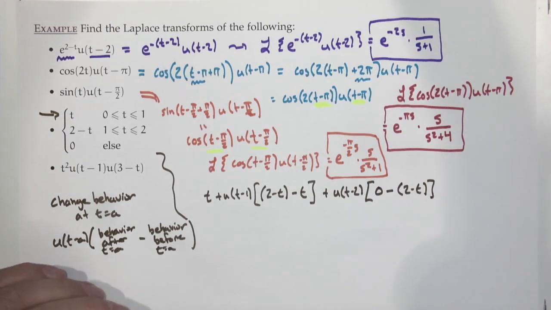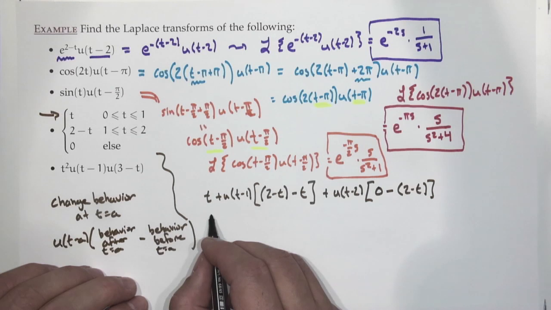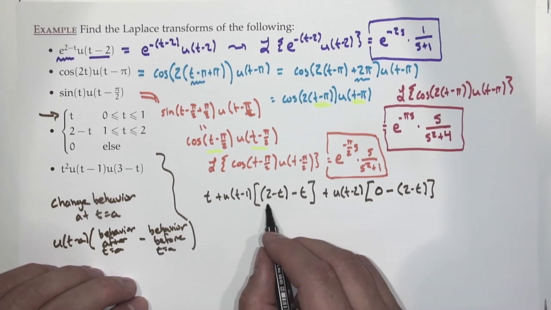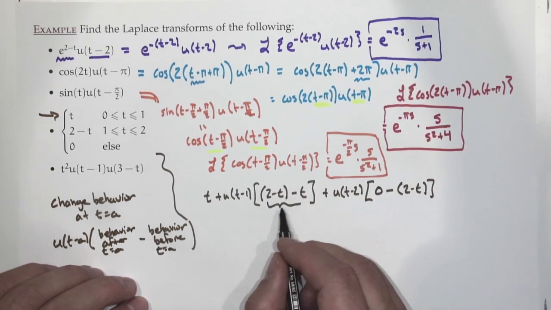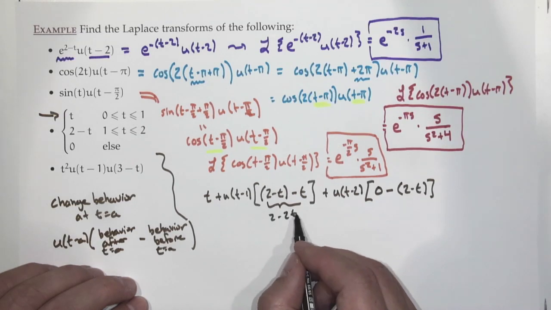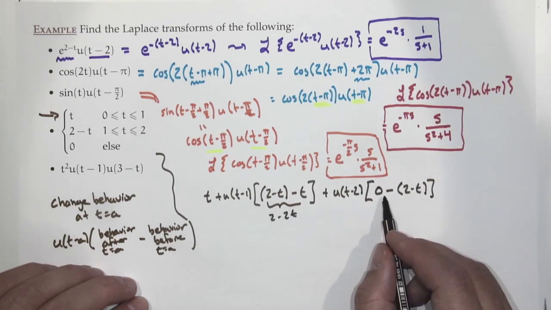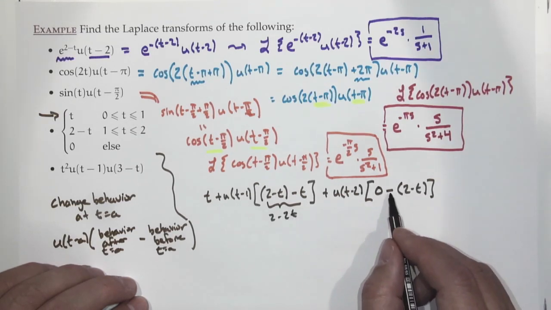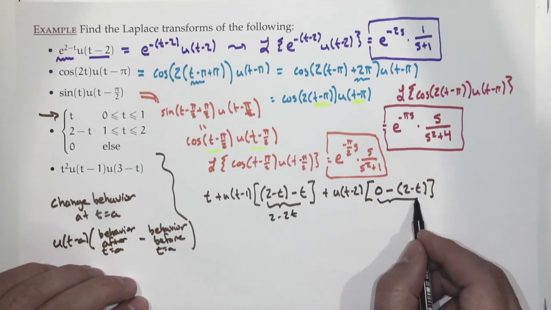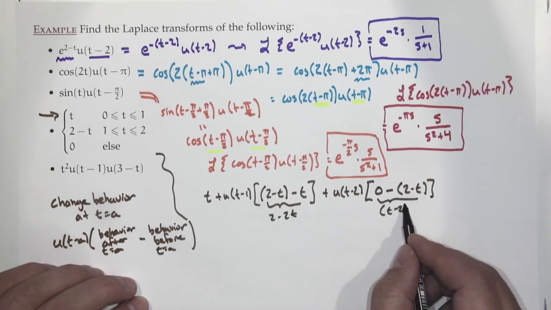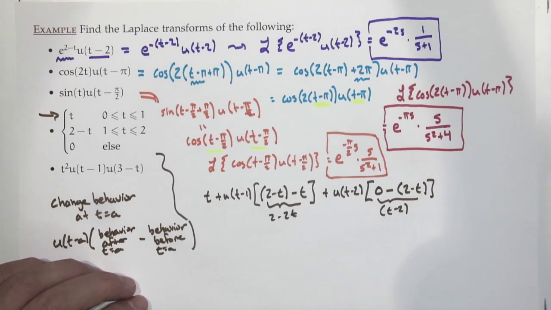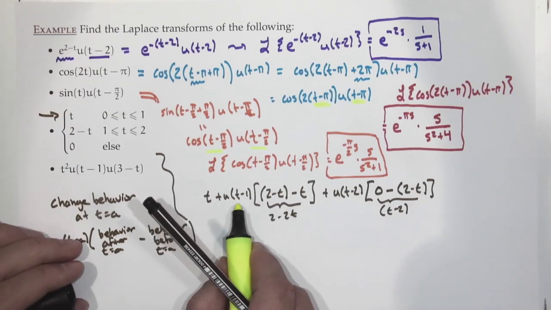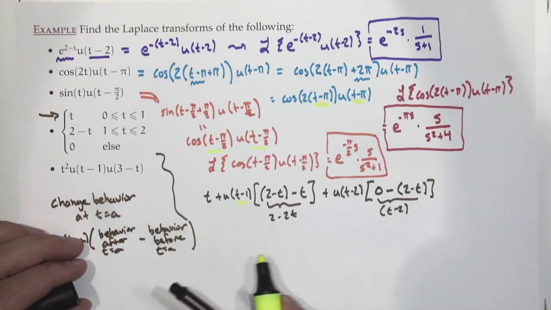All right, well, let's rewrite this yet again. So 2 minus t, that's 2 minus 2t. And here, 0 minus 2 minus t is the same as t minus 2. Now our goal is to make sure that whatever I'm attaching to has the right form. So I see a t minus 1.